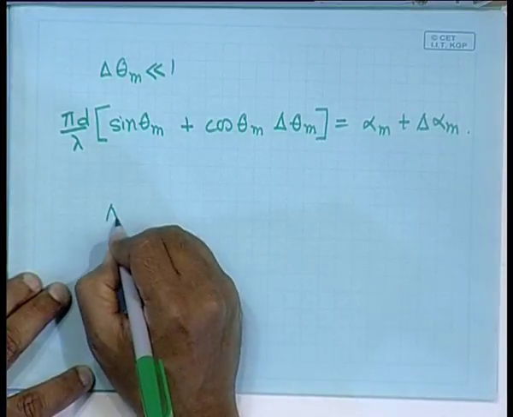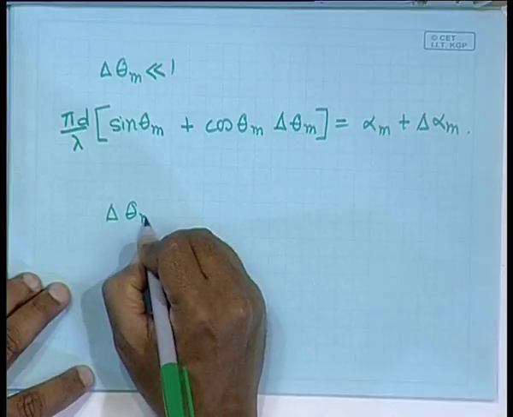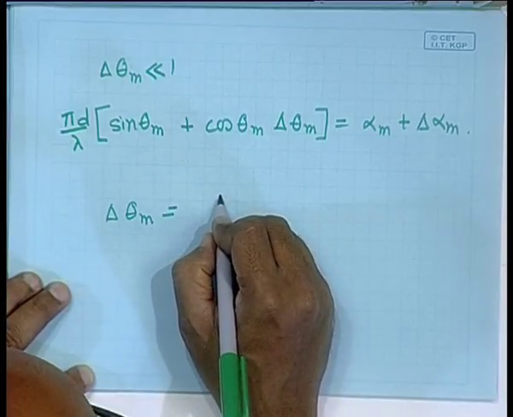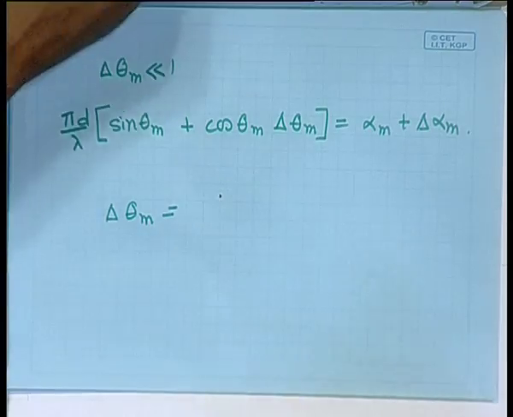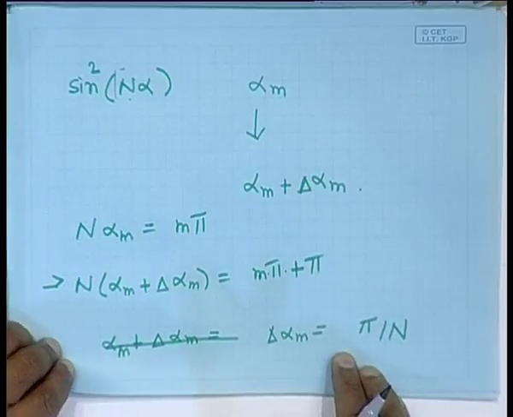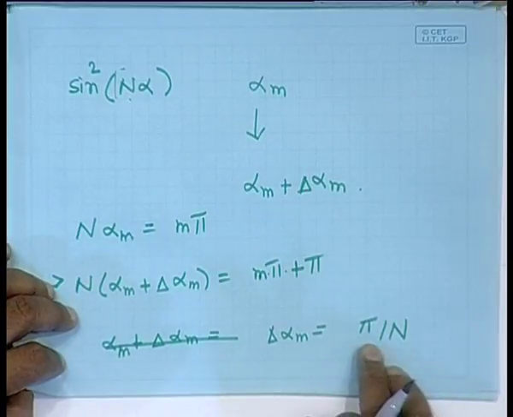So, what we get is that delta alpha m, for the numerator to vanish, we have worked out should be pi divided by n.